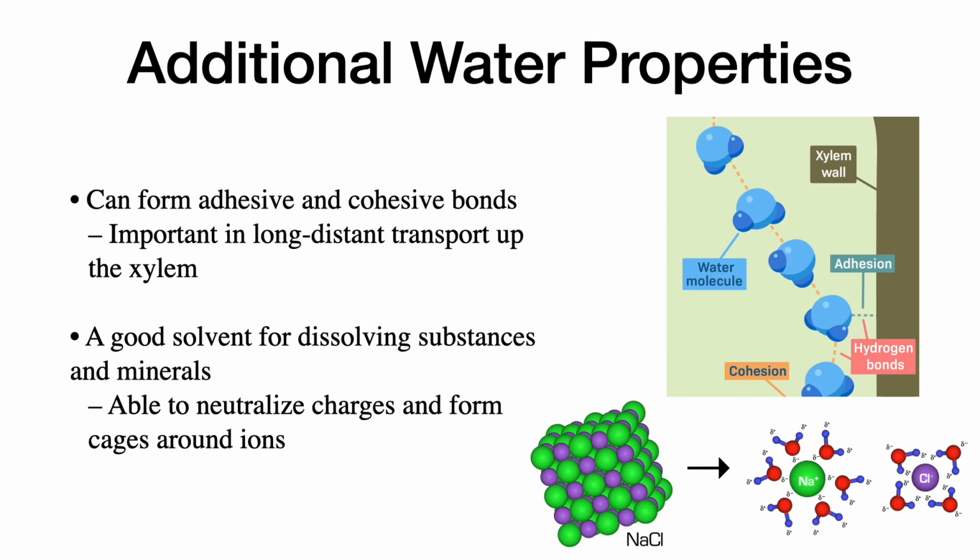And thus it forms cages around these molecules, or ions in this case, and prevents them from binding to each other and forming a crystal again. So this is a particularly good property of a solvent, to be able to dissolve those substances. And this is a result, again, of the polar nature of water molecules and the formation of hydrogen bonds.